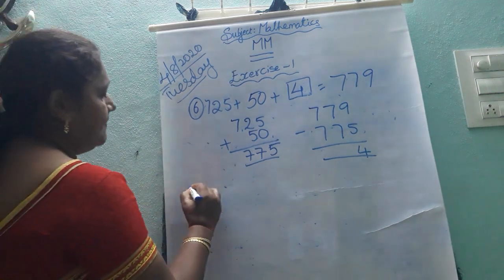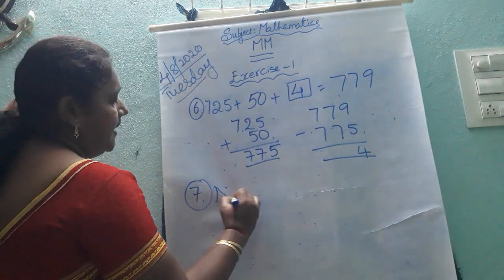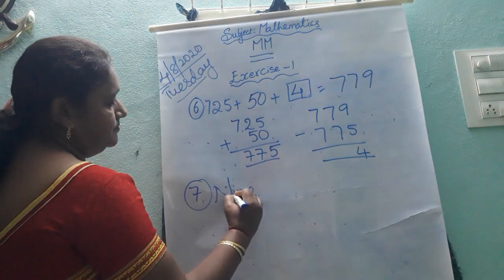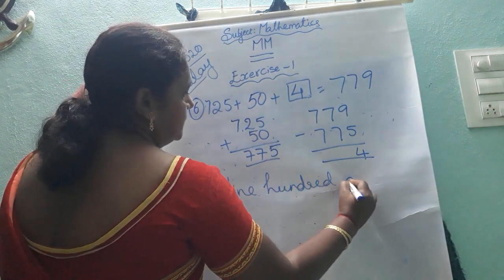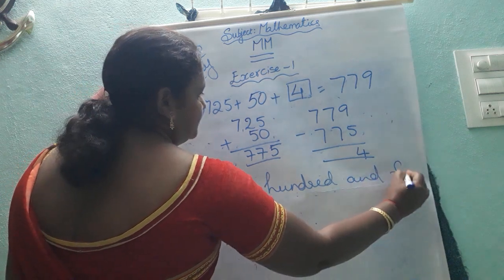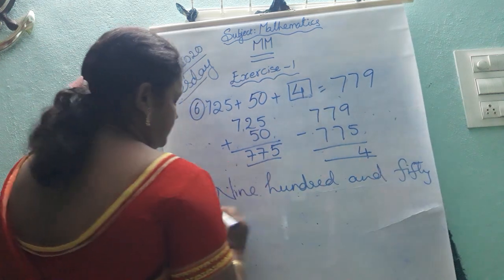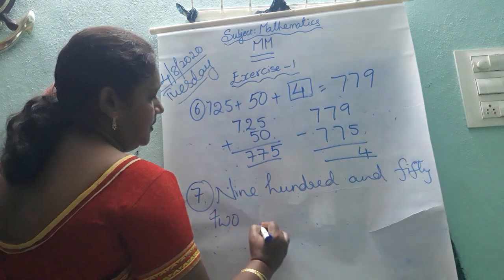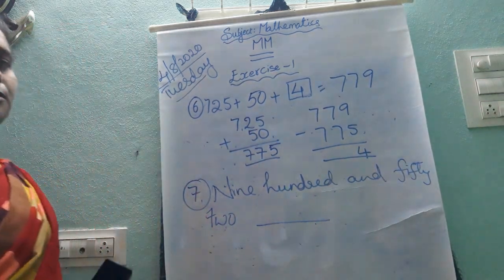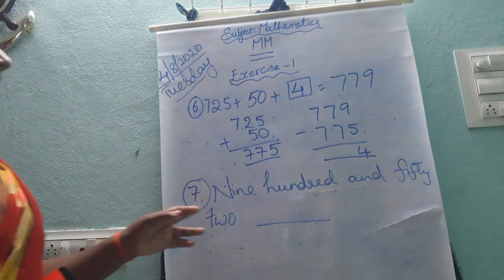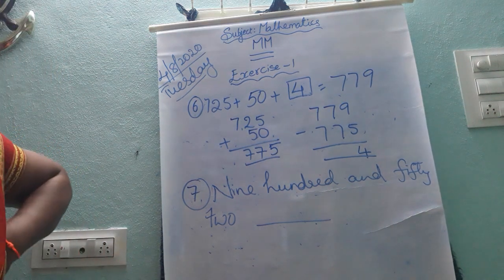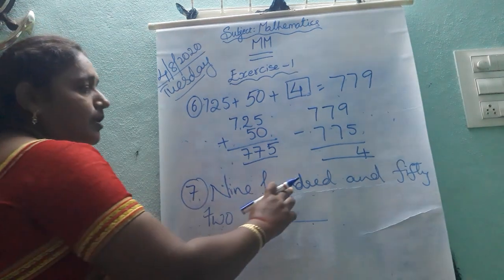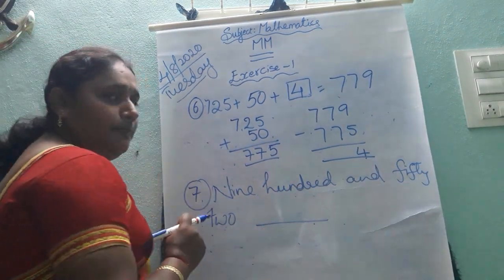Next, they have given a number name for us. Nine hundred fifty-two. They asked us to write that numeral. What is that? How many places do we have to place?